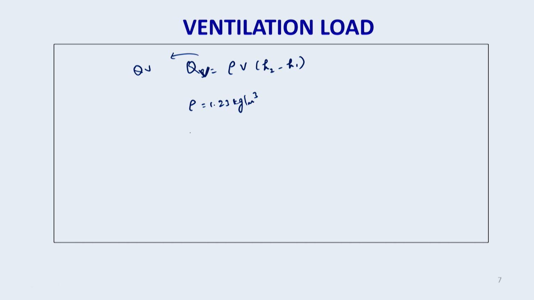So here V is the volumetric flow rate of air, that will be in meter cube per second.